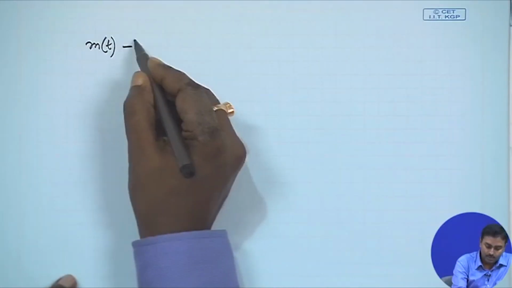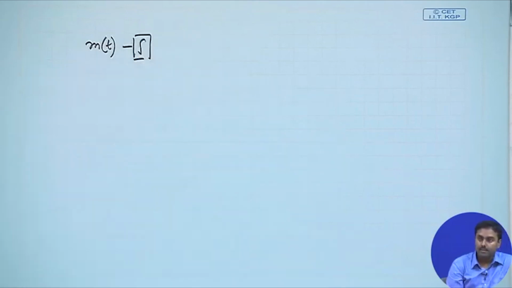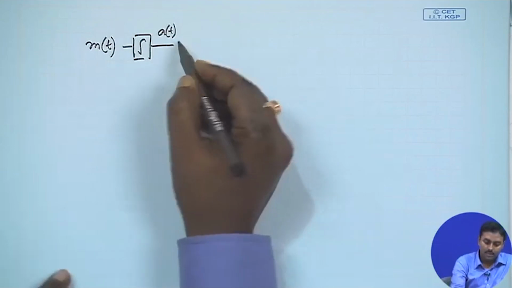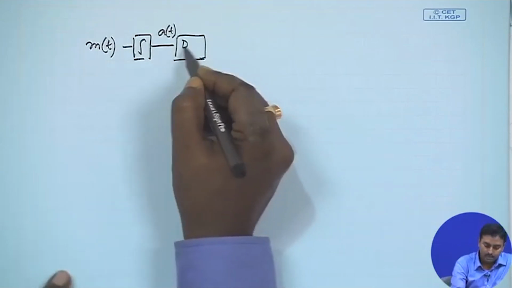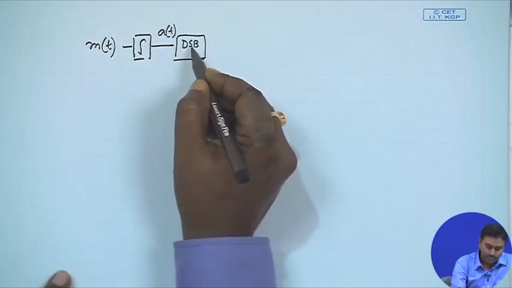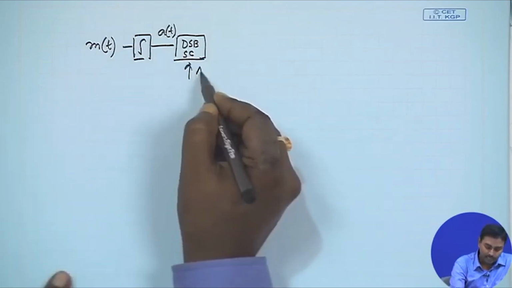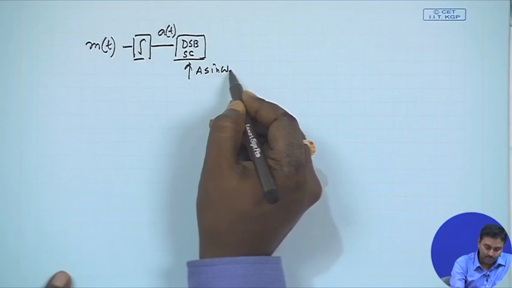We have this m(t), whatever that signal is, we put it through an integrator, we get a(t), and then we do our DSB-SC modulation, where we supply a sine omega c t.